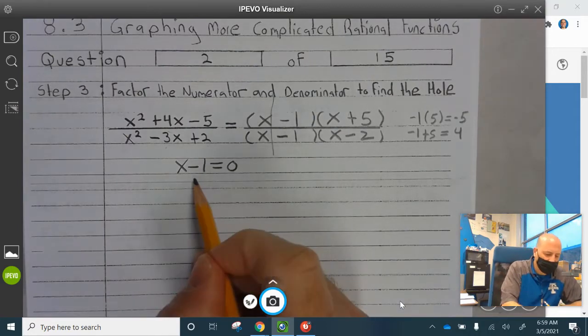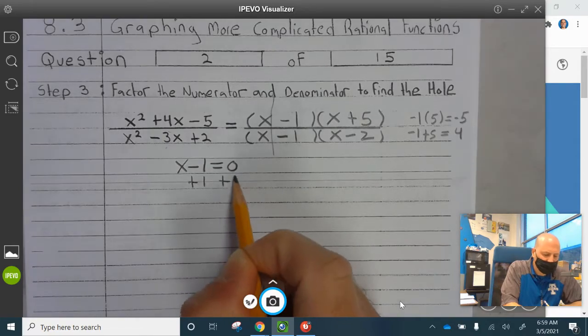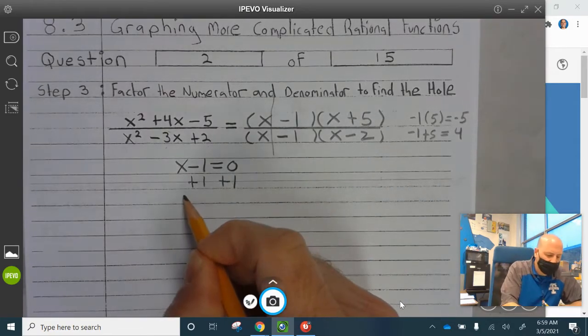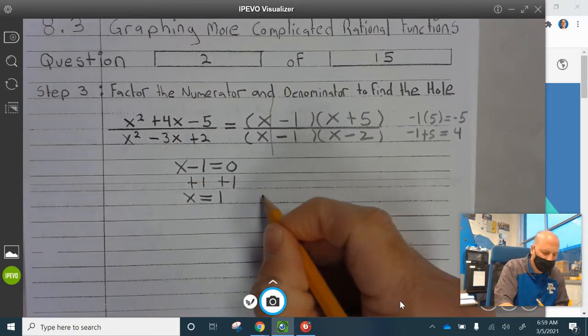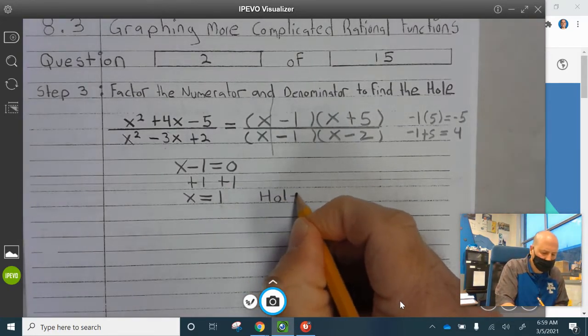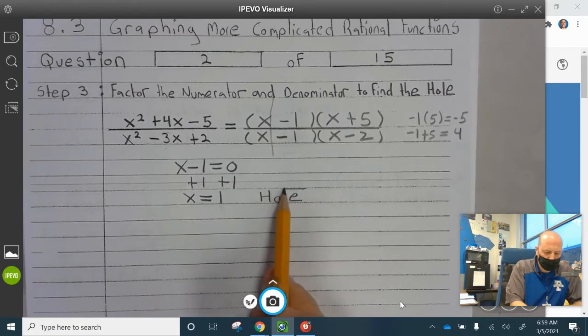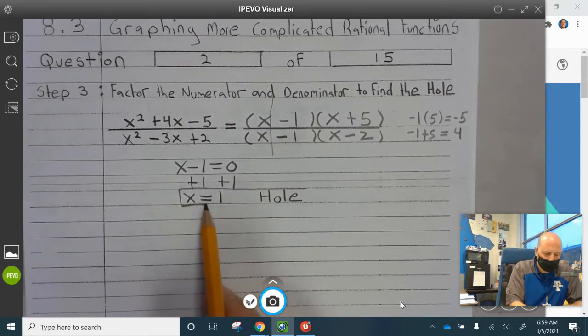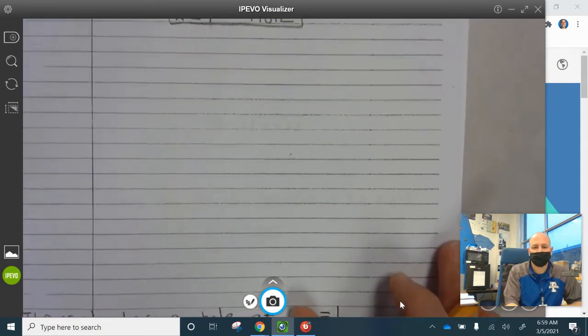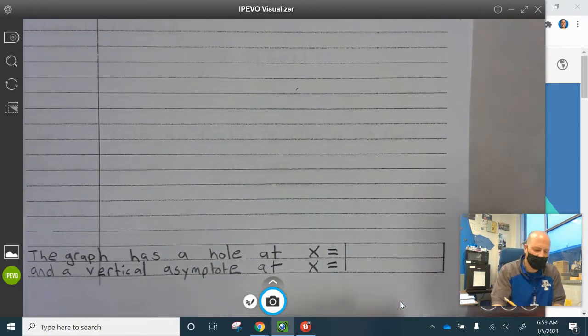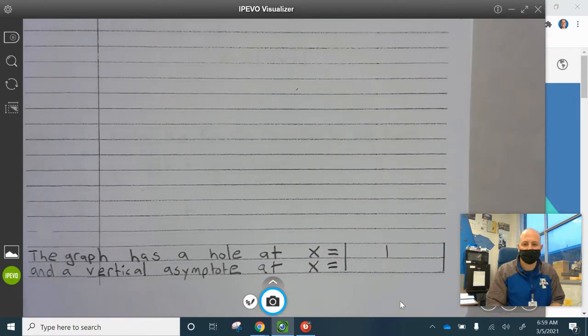Okay, so we're going to add 1 to both sides. So x equals 1 is the hole. Okay, so the graph has a hole at x equals 1.